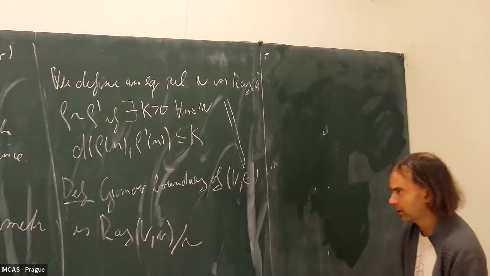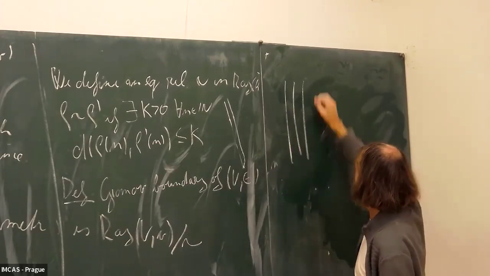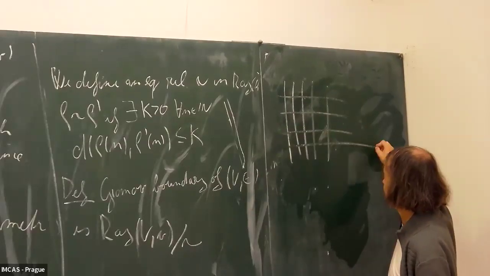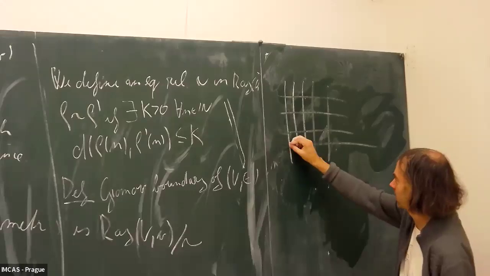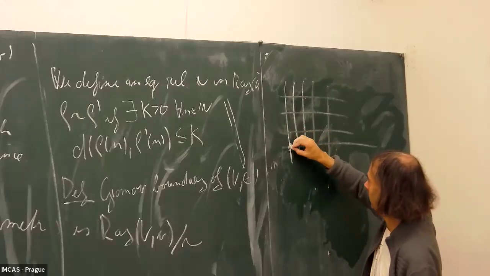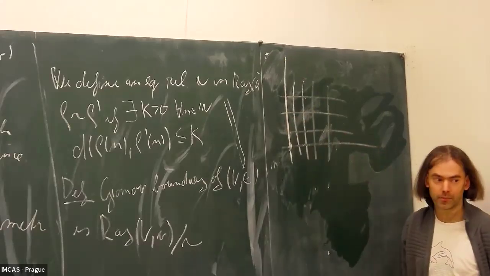For example, take one ray which is a vertical line.